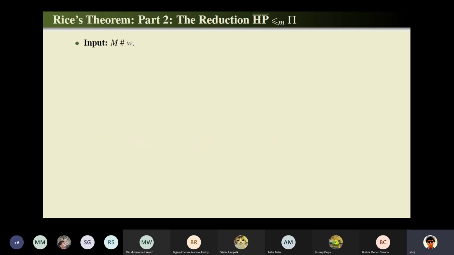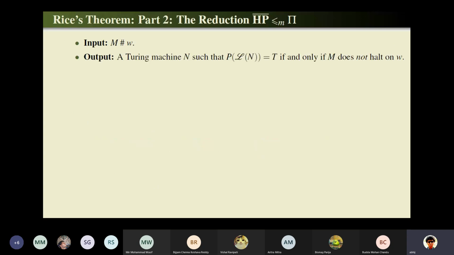The input is a pair M comma W. I will bring a Turing machine N such that if M does not halt on W, then the language of N will satisfy this property. In fact, this language will be L1.